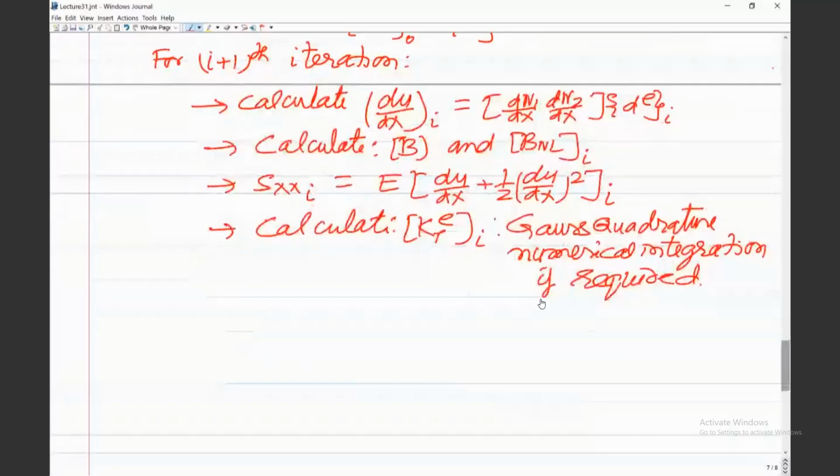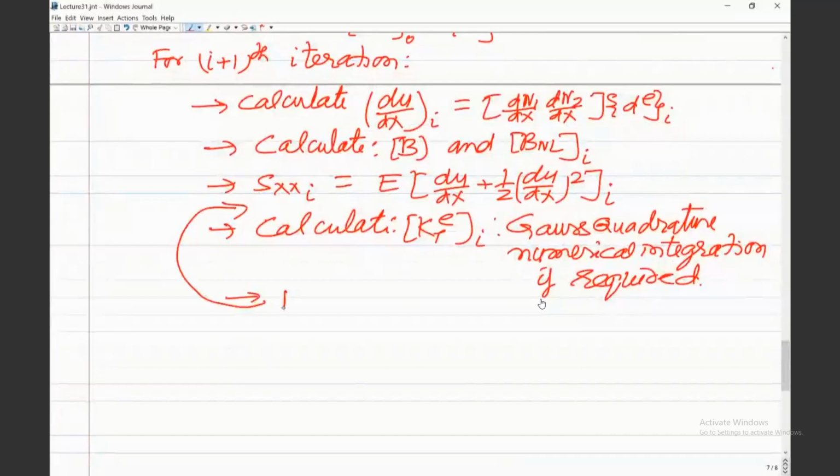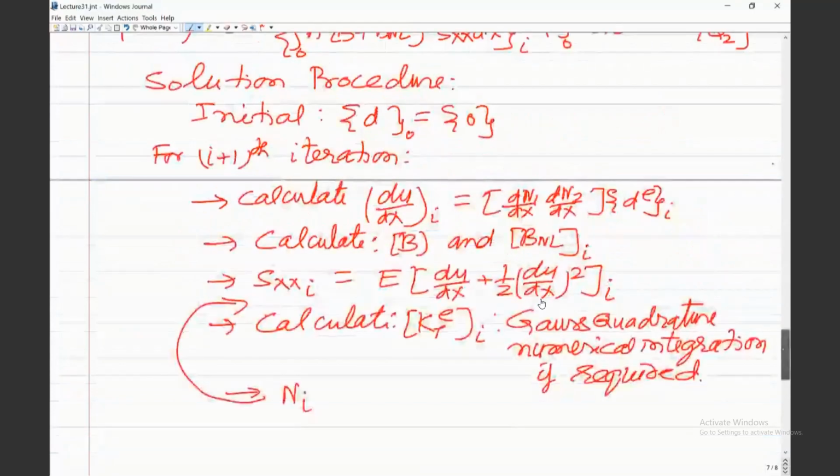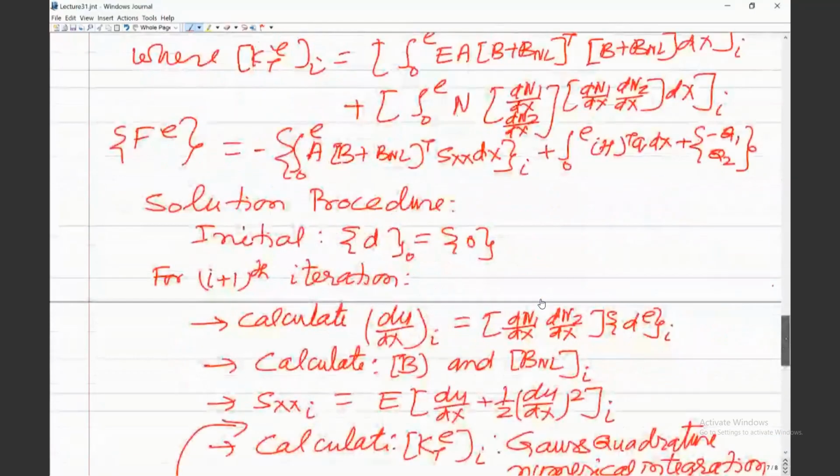So you do this, and one more quantity which should be calculated is the axial force. N is the axial force. I think I forgot to define it over here; I have used N over here.